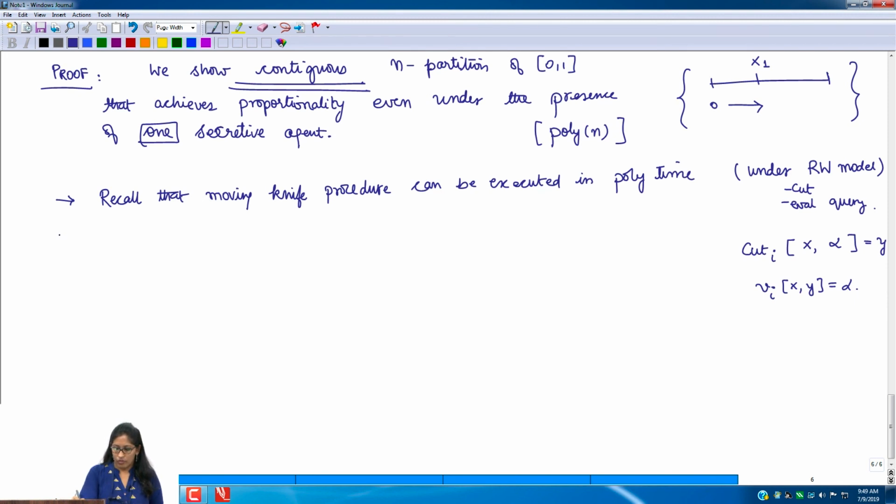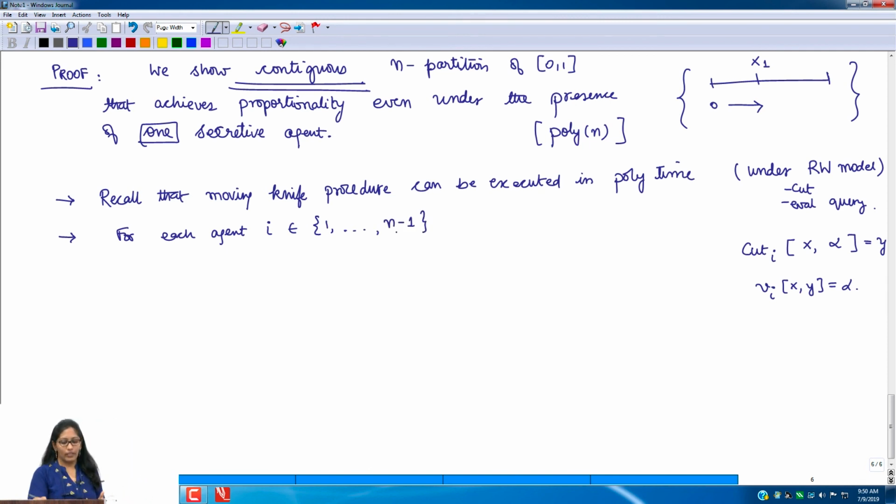Okay, so how does the algorithm proceed? I have access to only the first n minus 1 agents anyway, so I need to proceed with the moving knife procedure only on the first n minus 1 agents, right? But somehow end up with secretive proportionality even when the secretive agent comes, picks a piece like a boss and goes away.